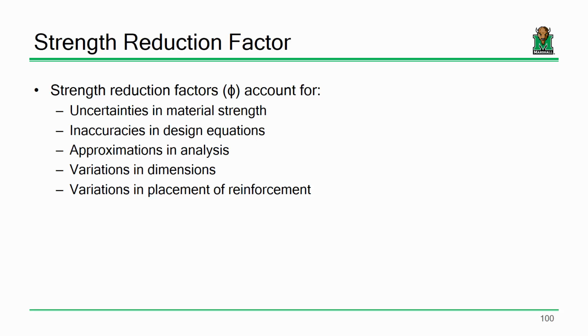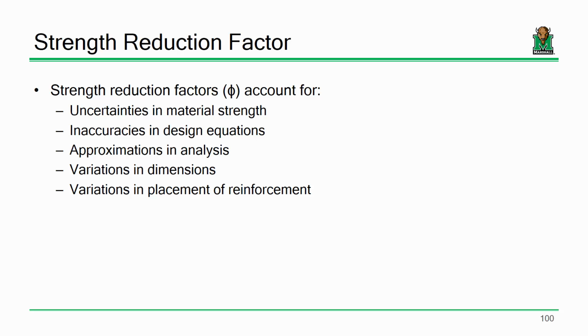Now, the way that the code handles the classification of a tension-controlled section or a compression-controlled section is through the use of a strength reduction factor. You all remember on homework 1 how we were taking dead loads and live loads and bumping them up, right?